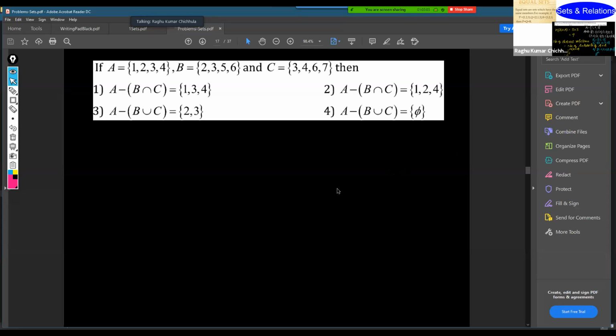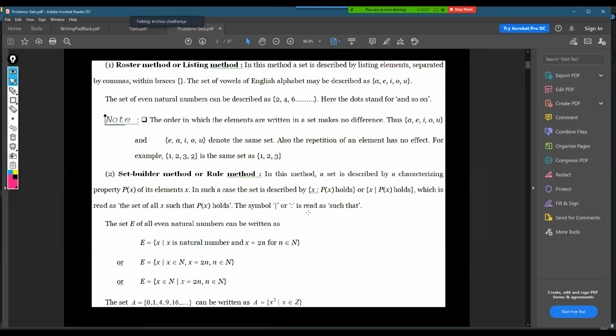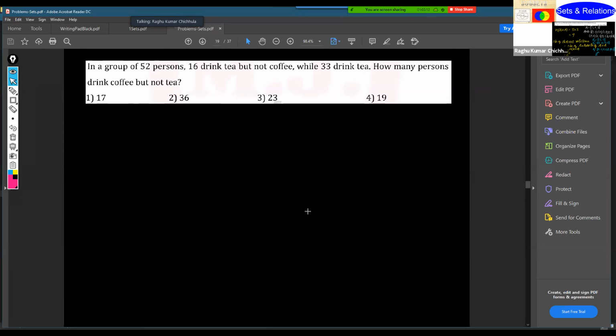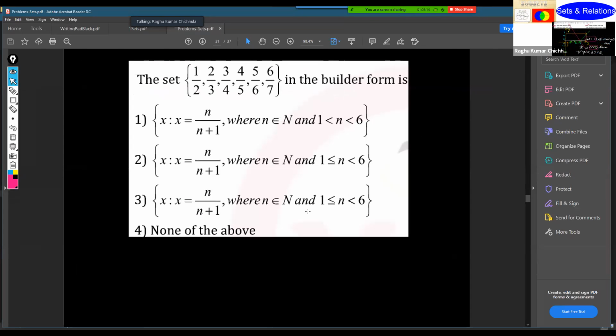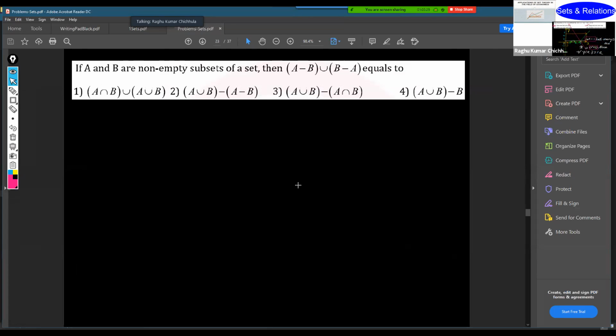These are the collected problems for JEE main, and we will be working out after finishing that board level. I see no much difference between the board level and JEE main level, particularly in sets and relations. Rest all, there will be a lot of difference.